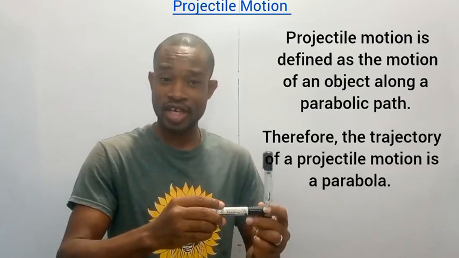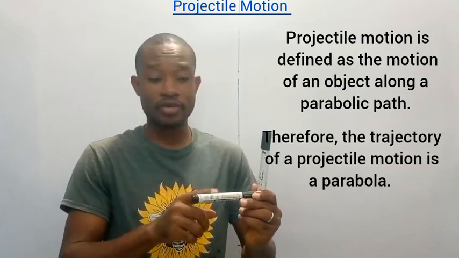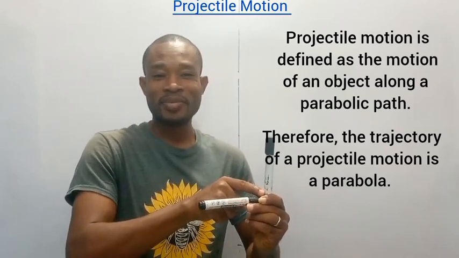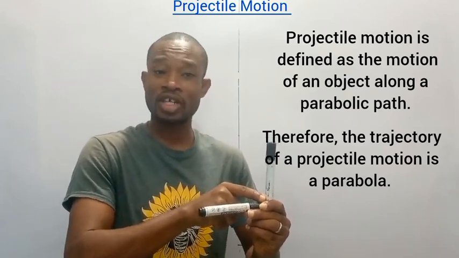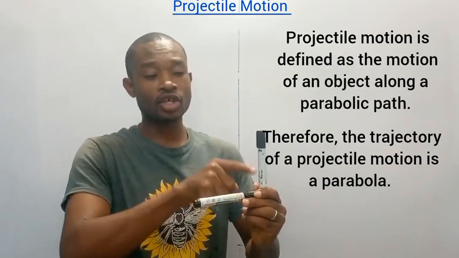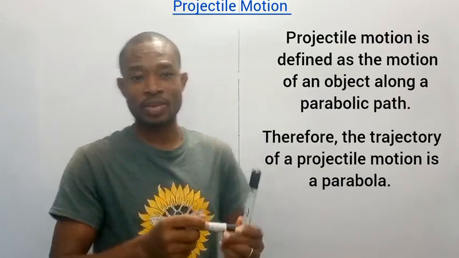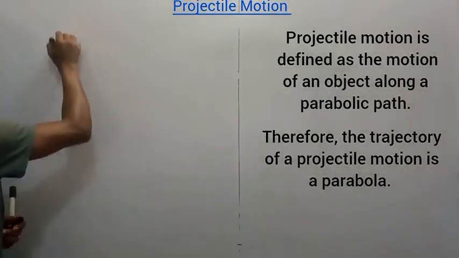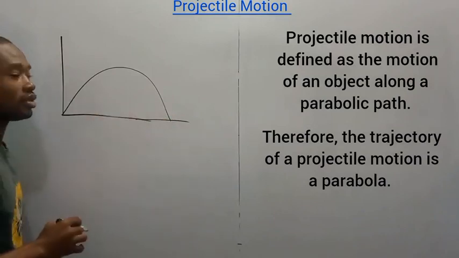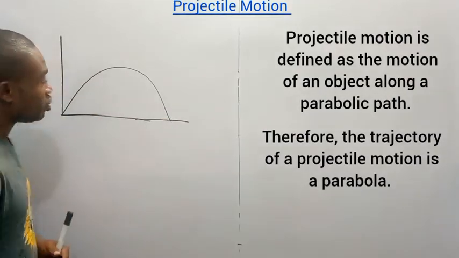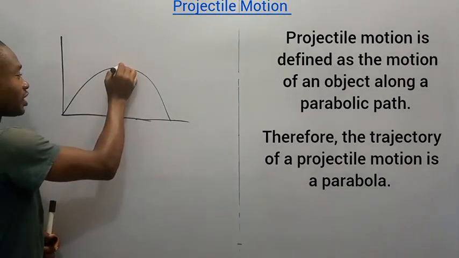Once again, take a look at it. We have the vertical, we have the horizontal, and then projectile motion, which is motion along a parabolic path, goes like this. So this shape traced is a parabola, something like this. Good. So this is the trajectory of projectile motion.